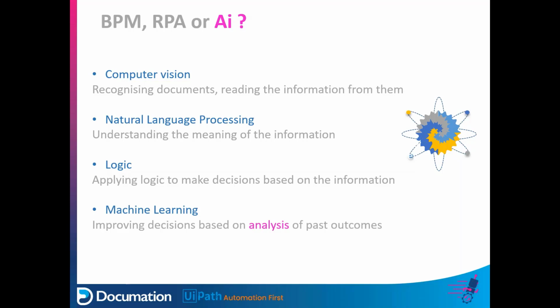So that's the ability for software to improve decisions based on an analysis of past outcomes. So if you couple those last two together, the ability to apply logic and the ability to learn and make better and better decisions over time, we can see why AI is such a powerful force in the world of automation.